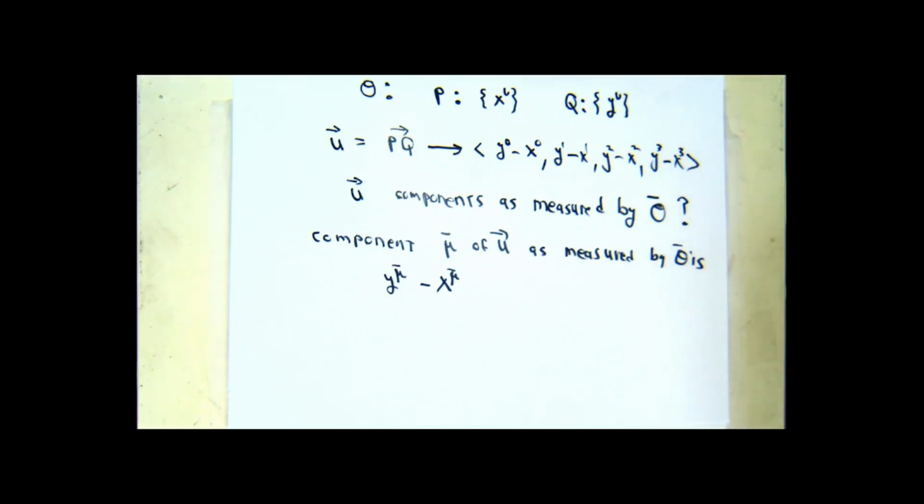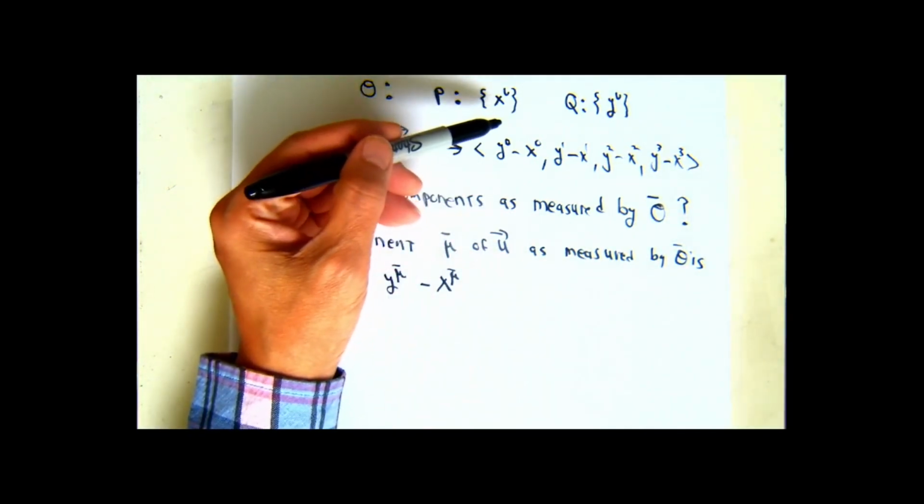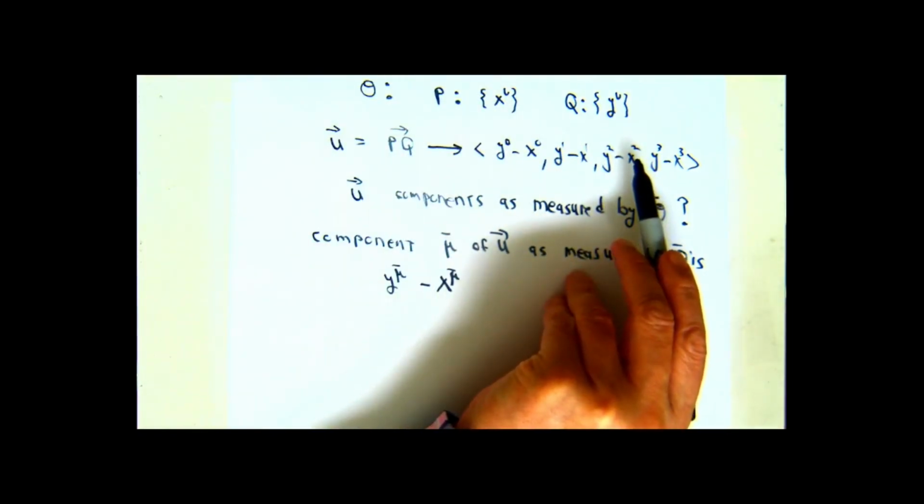Suppose you have 2 points of space-time, P and Q. I use the coordinates of O to measure P and Q. For P, I get x0, x1, x2, and x3. And for Q, I get y0, y1, y2, and y3.